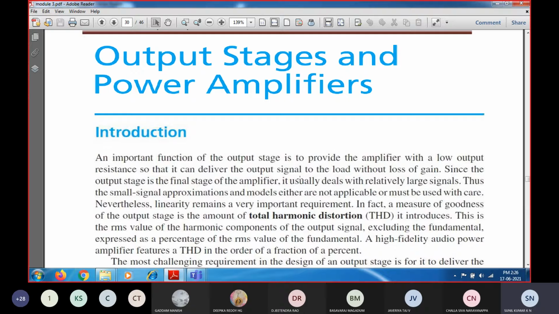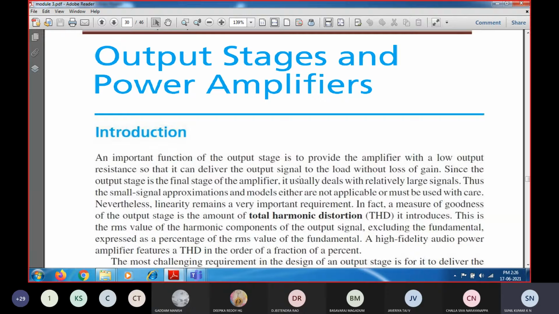In the communication field, when you transmit a signal, the signals from the transmitters are of very low amplitude and will not be able to drive the load directly.